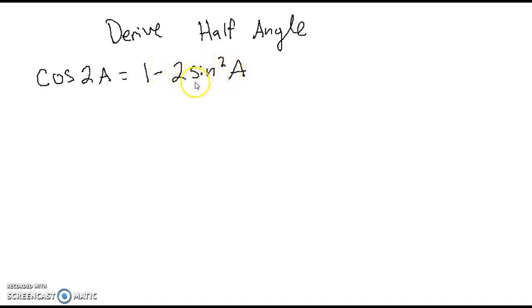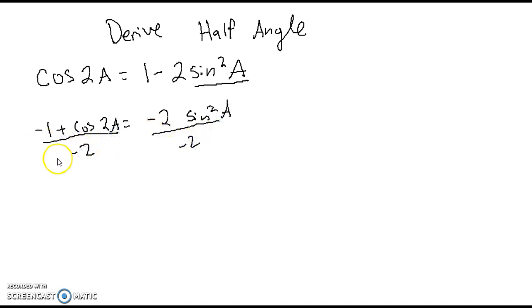Basically, I'm going to get rid of everything but the sine and the A. I have to get rid of the 1, get rid of the negative 2, and get rid of the squared. So I'm going to move the 1 over to the other side. Negative 1 plus cosine of 2A is equal to negative 2 sine squared of A. Divide by negative 2.